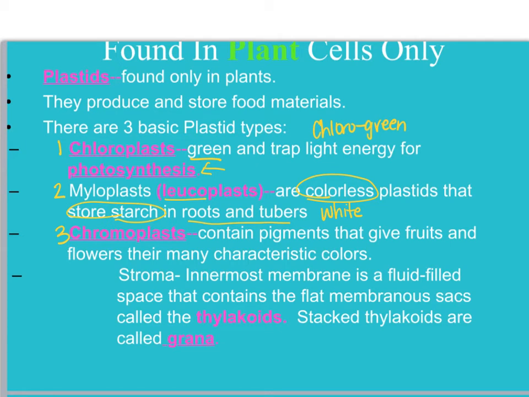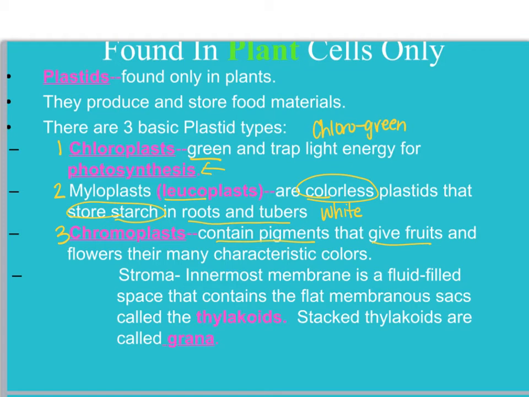then you have chromoplast. So chromoplasts are going to have different colored pigments. So they're going to have different colors there. So you pretty much have chloroplasts that are green, myeloplasts that are white, and then all the other colors you may see in a plant are going to be chromoplasts. That's the pigment. Okay, so, fruits can be lots of different colors.